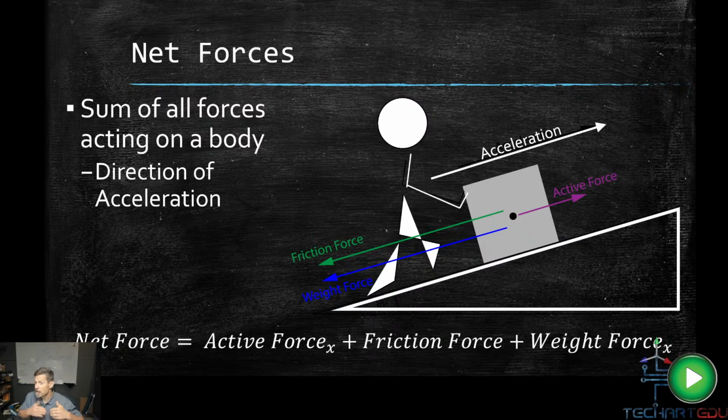So in this particular example, not for everything, we're dealing with the active force going with the weight force, which is going there, and it's added with the friction force. Now you're probably asking, wait a second, the weight force sucks stuff to the ground, into the center of Earth.